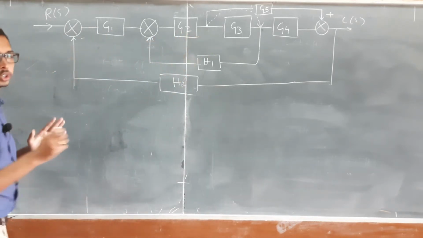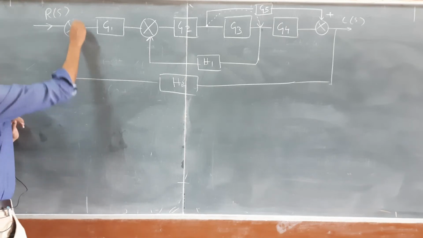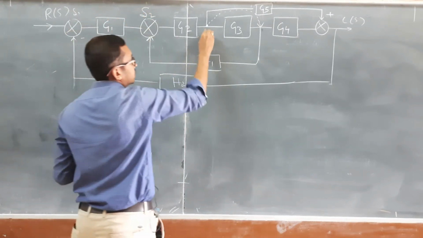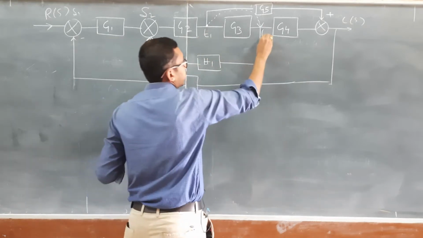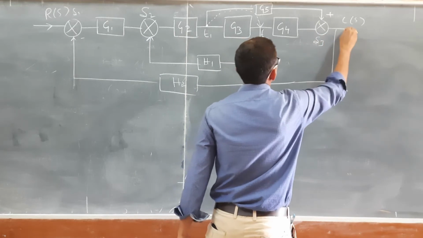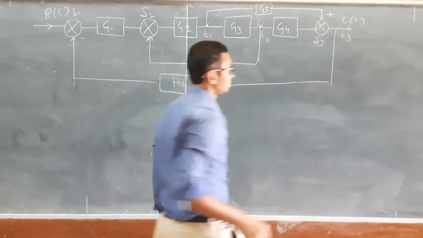Just let me give the namings for this one. This is summing point 1. This is summing point 2. This is takeoff point 1. Takeoff point 2. Summing point 3. And this is takeoff point 3.